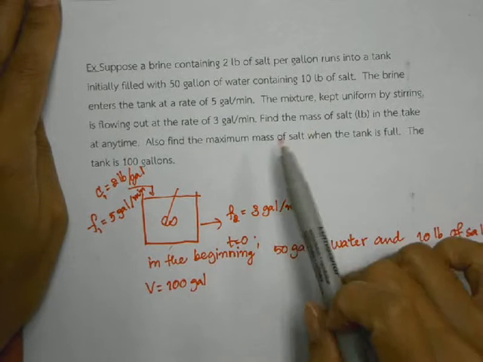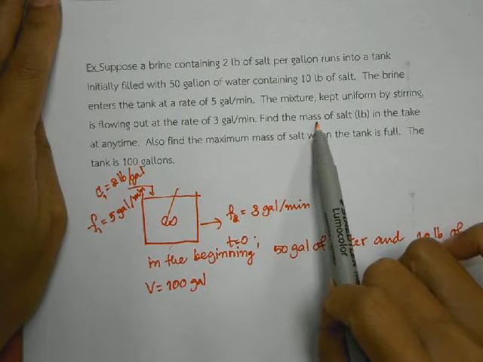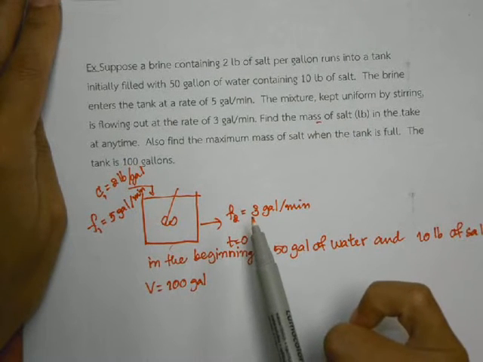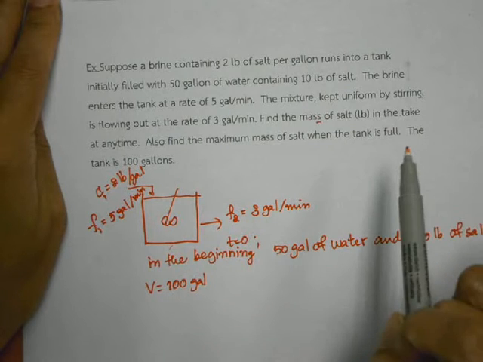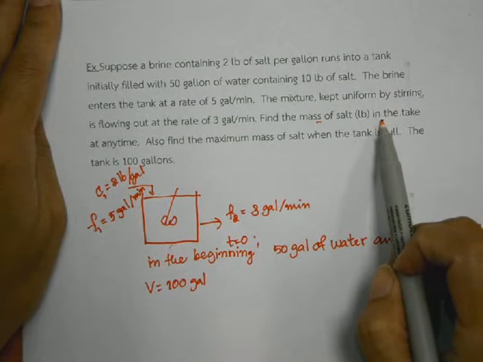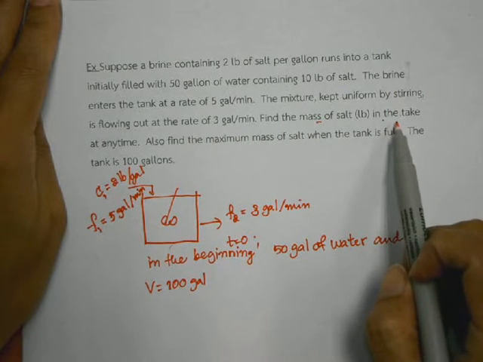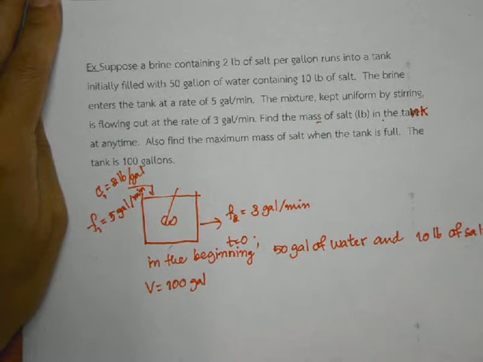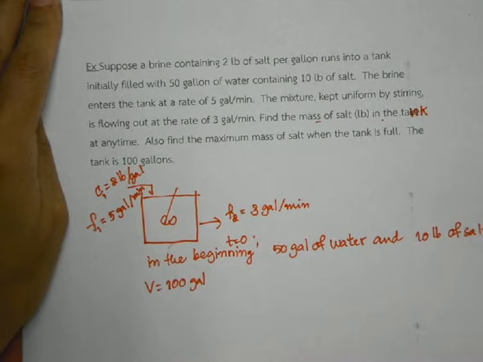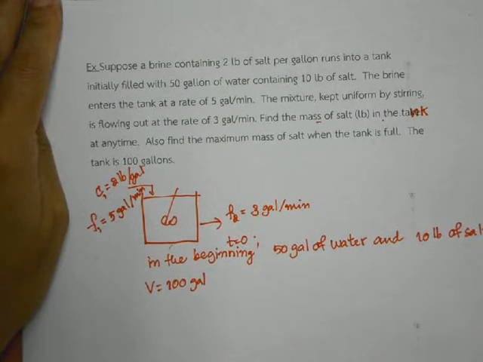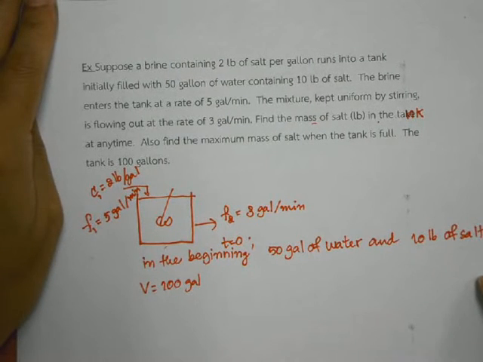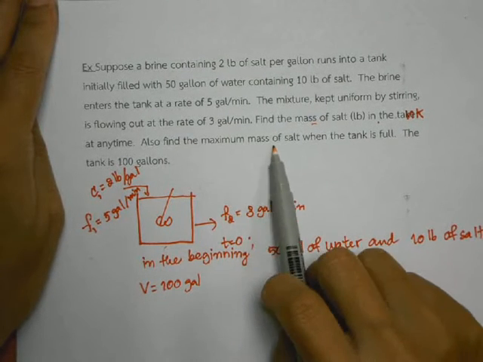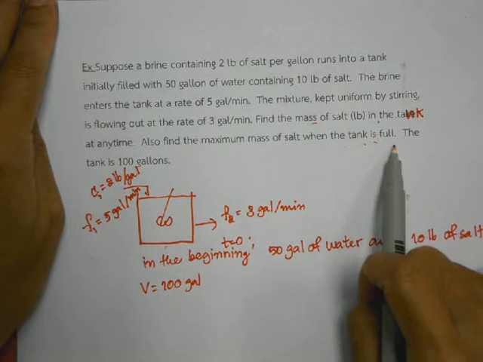They're asking us to find the mass of salt, in pounds, in the tank at any time. It means they want the mass of the salt as a function of time. And find the maximum mass of salt when the tank is full.